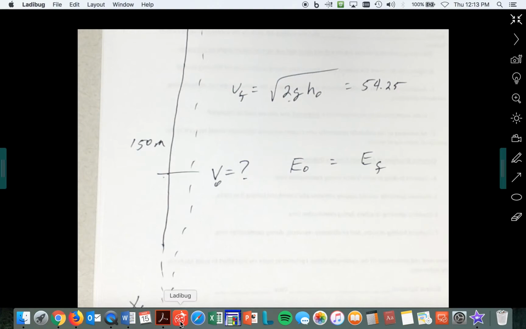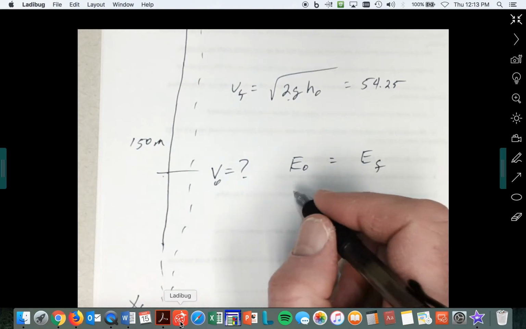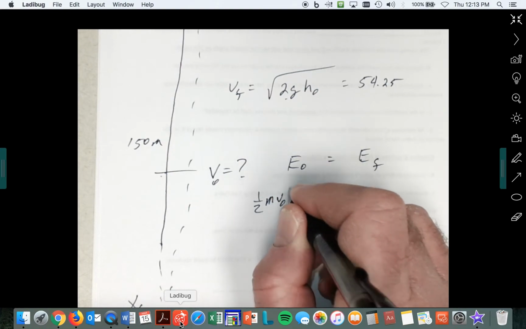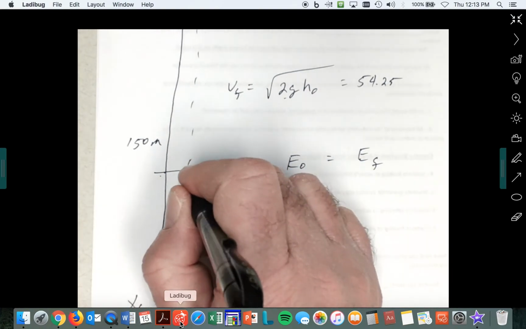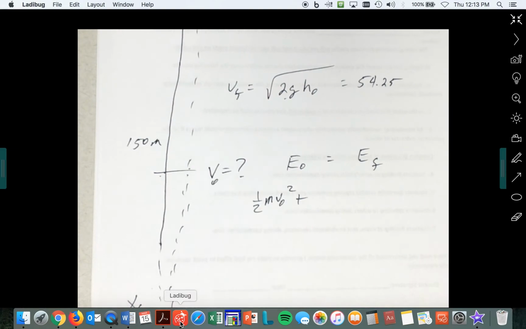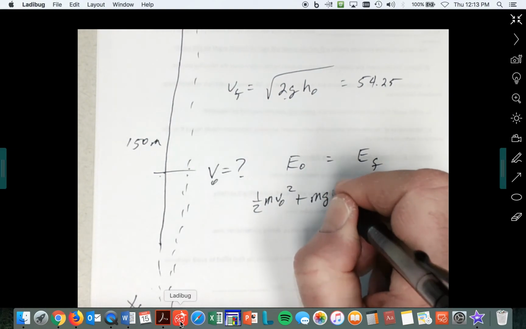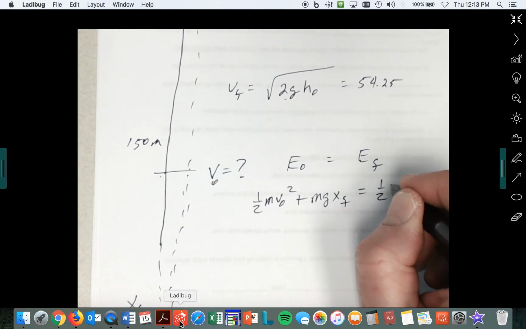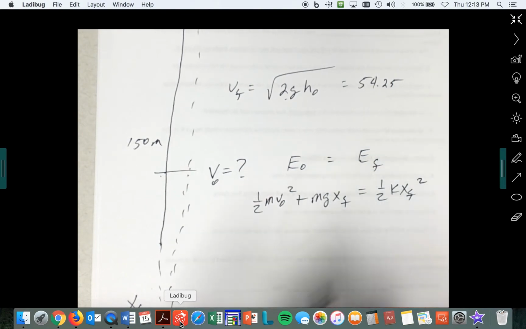Here's what we're going to do: our energy before is 1/2 m v naught squared plus the gravitational mg x final, and that is equal to 1/2 k x final squared.